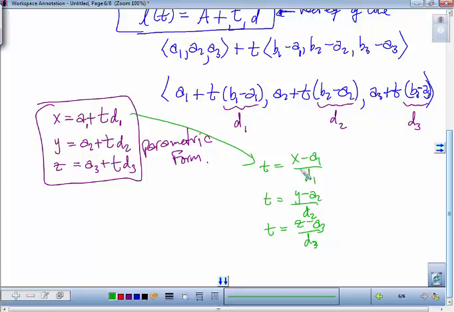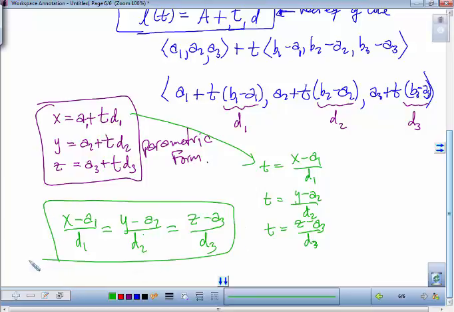So if I put this together, and these are all equal to t, let's set them all equal to each other. x minus a1 over d1 is supposed to be equal to t, which is equal to y minus a2 over d2, which is equal to t. So it should be equal to z minus a3 over d3.